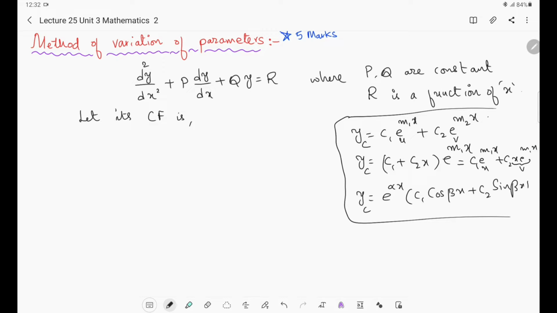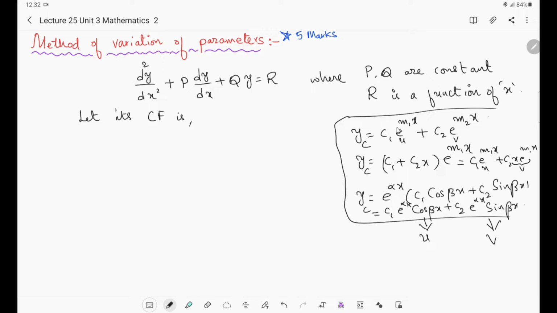The same here: this can be written as c1 e power alpha x cos beta x plus c2 e power alpha x sin beta x. Again e power alpha x cos beta x can be considered as u, and e power alpha x sin beta x as v.